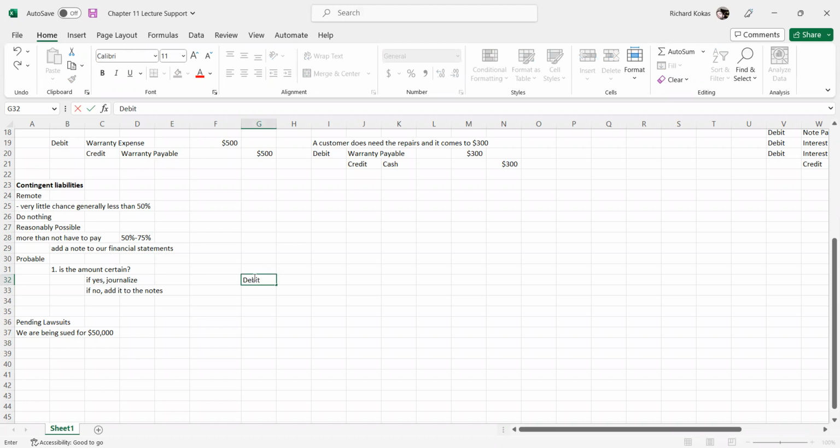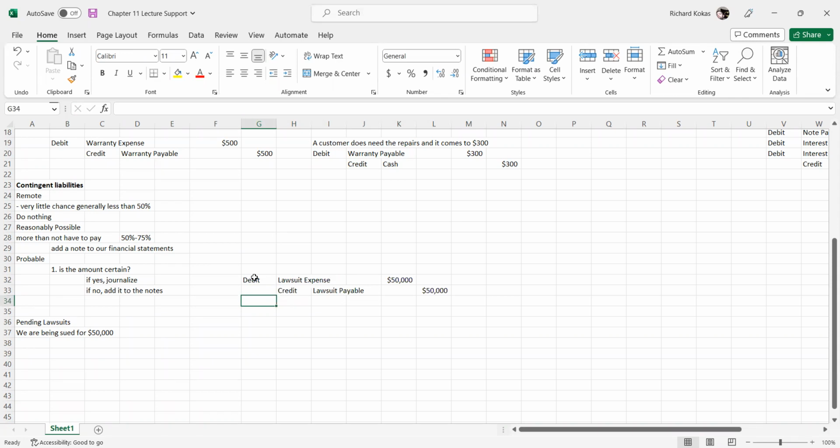What we'd probably do is debit legal expenses or even lawsuit expense. Again, we want to categorize it so we know exactly what it was. So let's say it's lawsuit expense for 50 grand, and we're going to credit lawsuit payable. Anything that lets you know this is for a case. Maybe you want to say litigation. I don't know if litigation is really the correct word, but something of that degree.